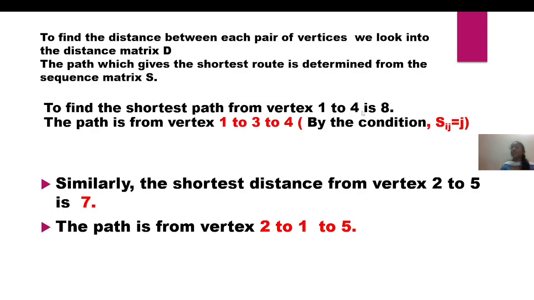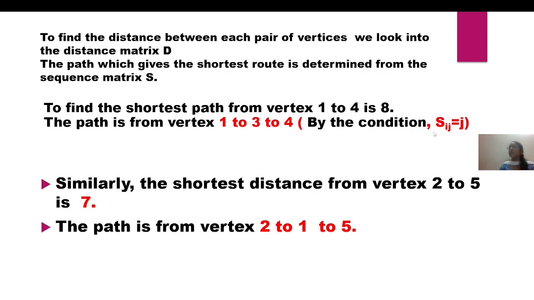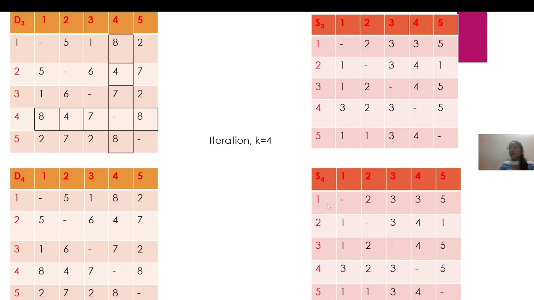So from 1 to 4, we got the shortest distance to be 8. We will see through which path we are attaining 8. That is checked by the condition Sij is equal to j. Sij indicates from which vertex to which vertex we are going. That is, we want from 1 to 4, so S1 to 4 should be 4. So we'll check if it is 4. S1 to 4 is 3 and it is not 4. So this is not matching with this condition. So we will check which number we have got for 1 to 4.